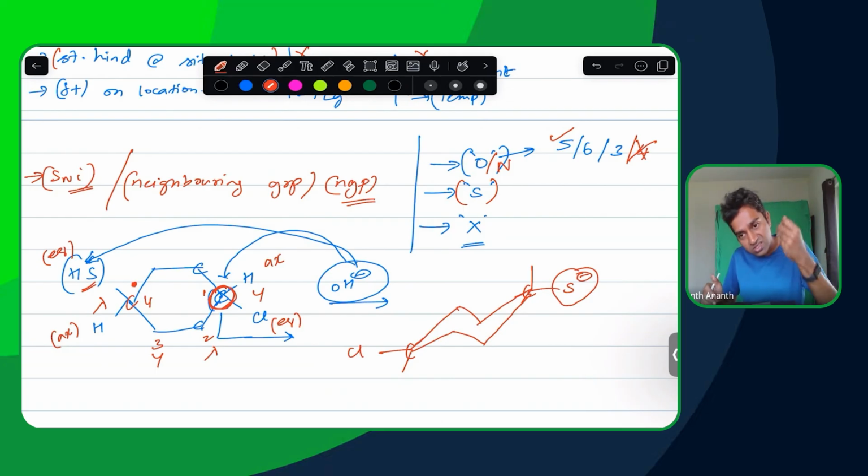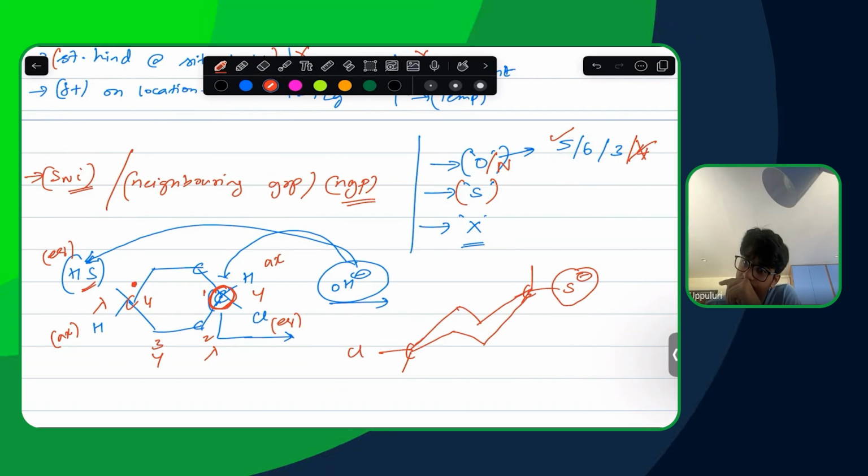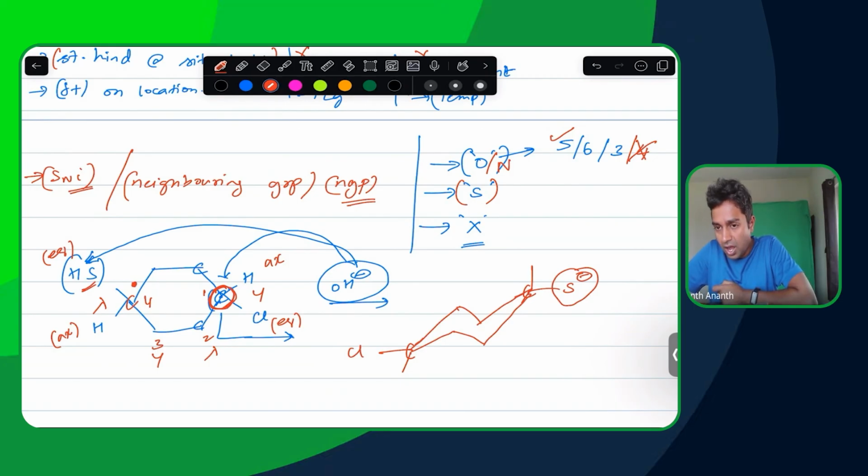Or this system, which is going to be a new multi-ring, or bicyclic type of system, will exist as it is. So there are two possibilities here. Either the product should be something where I have retention of configuration on this chlorine, and I put the OH on that same location as the chlorine with perfect retention.